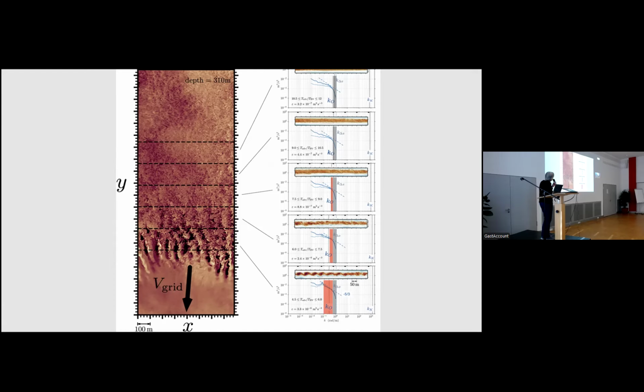And so to get them on the same scale, we just multiply the vertical one by two. And so you can see the development over time of this k to the minus 5/3 spectrum in both U, V, and W. Okay, the Ozmidov scale is indicated by this dashed line.